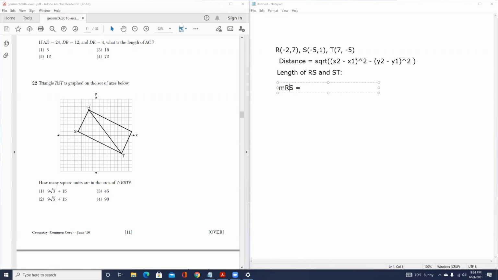The measure of the segment RS is equal to the square root of... Oops, I'm going to draw the square root in by hand.